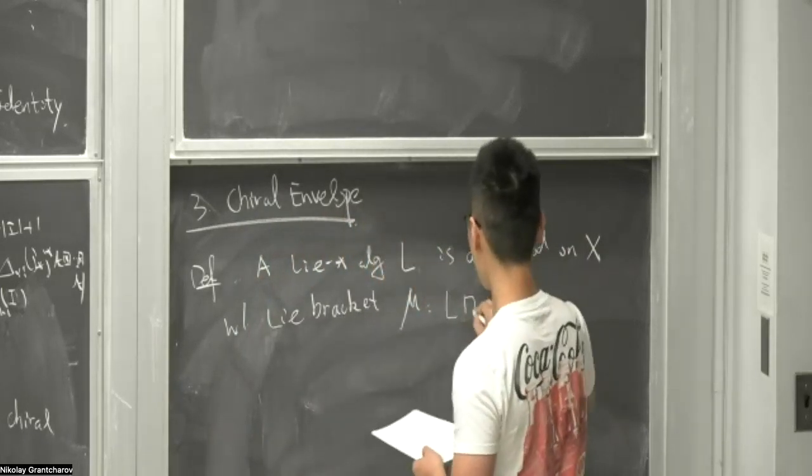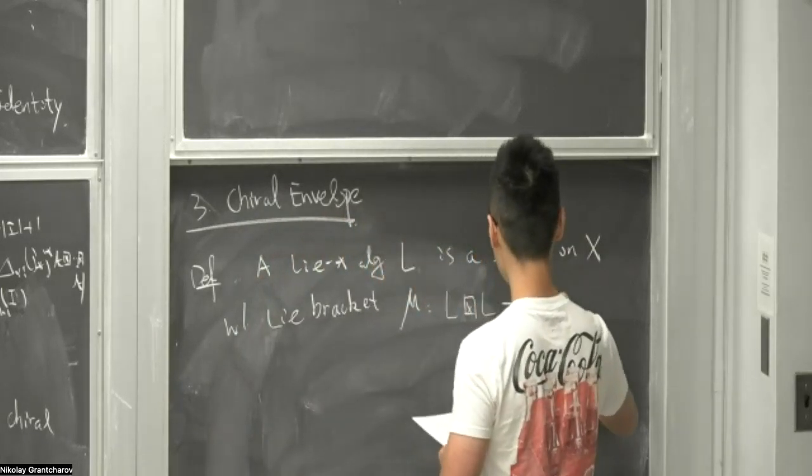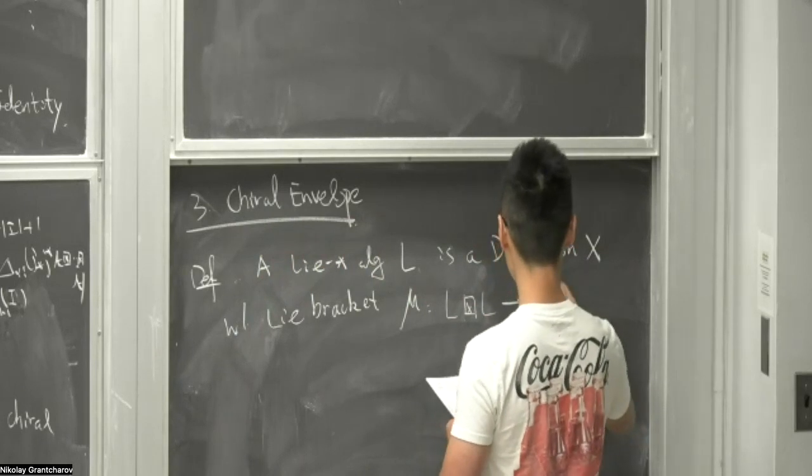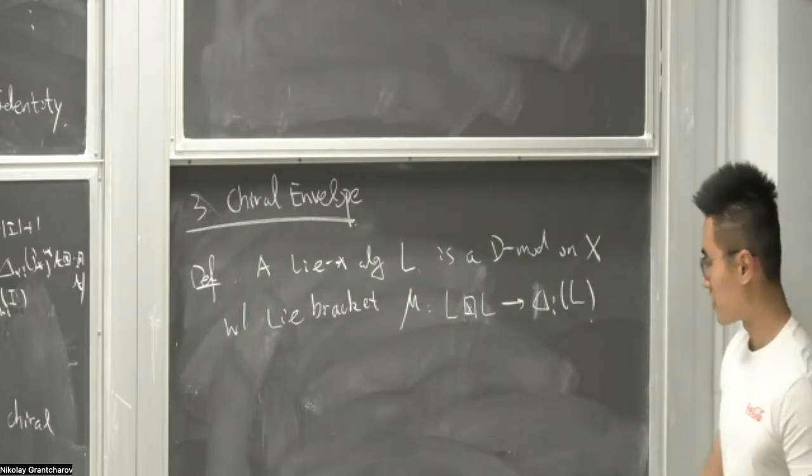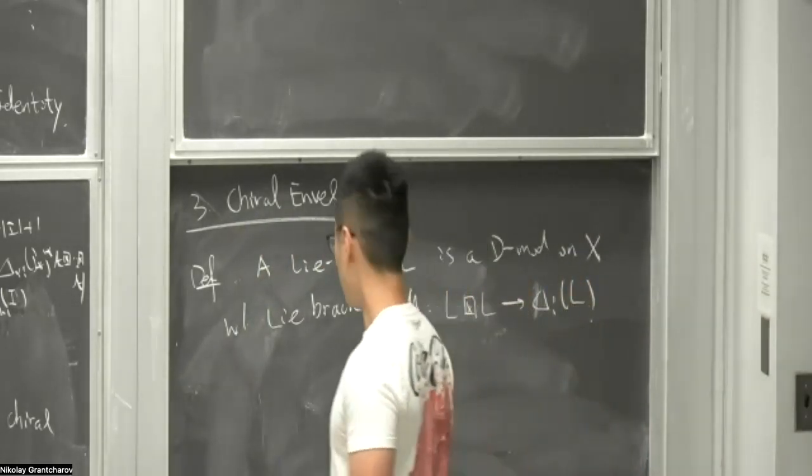So L box L with the I delta. So it's defined on the whole, but it's smaller, right?